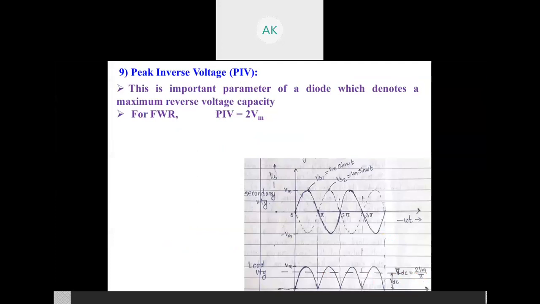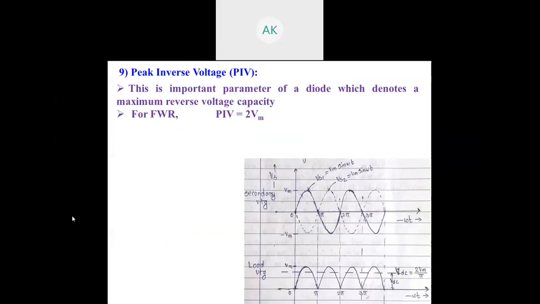What is the waveform associated with the diodes D1 and D2, during the positive half cycle as well as the negative half cycle? During the positive half cycle we know that diode D1 is on and D2 is off.